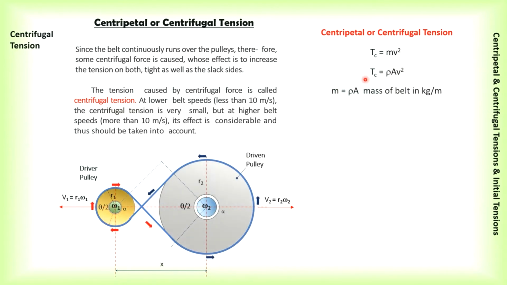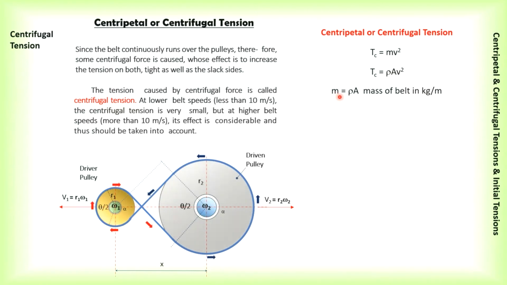So mass m is equal to rho A, where density is in kg per meter cube and the area is in meter square. You can find out the mass of belt, which is in kg per meter length.